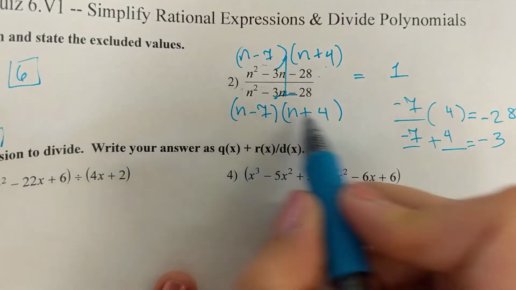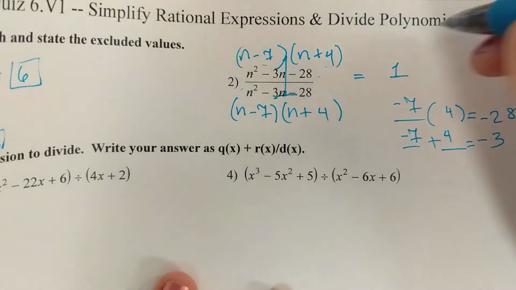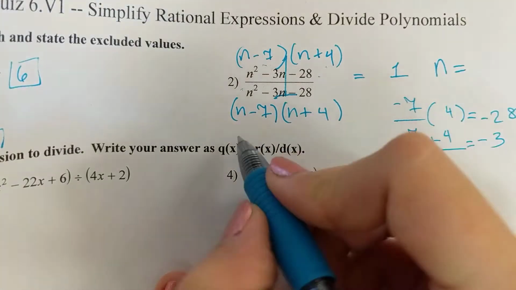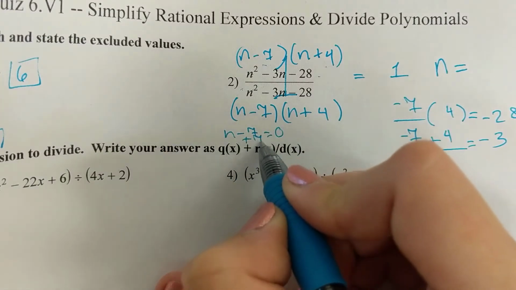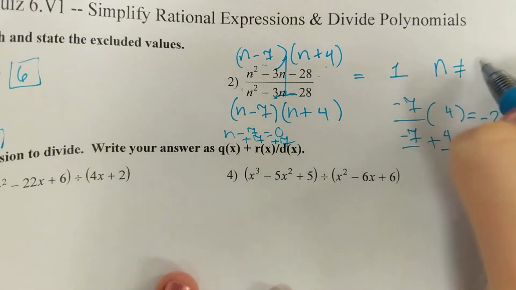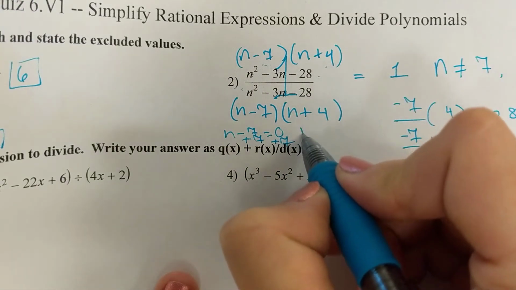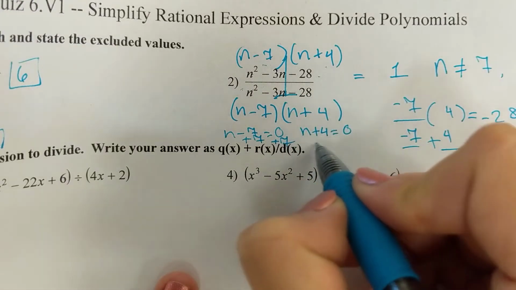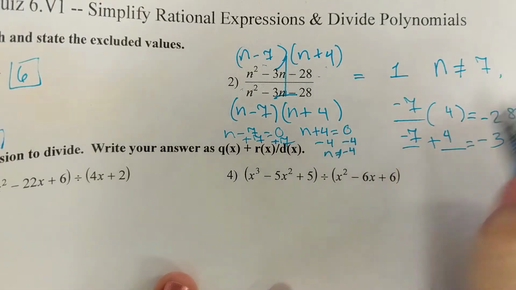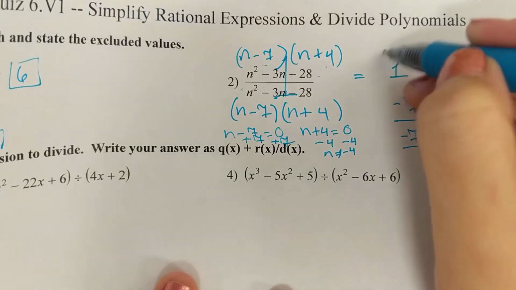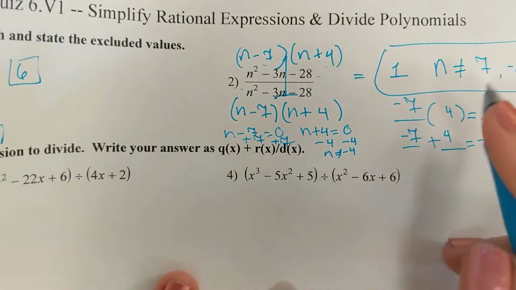Okay, so what's gonna make the denominator equal to 0? N cannot be, that's 7. N cannot be 7. And then n plus 4 equals 0. N cannot equal negative 4. So it simplifies to 1, and then my excluded values are 7 and negative 4.